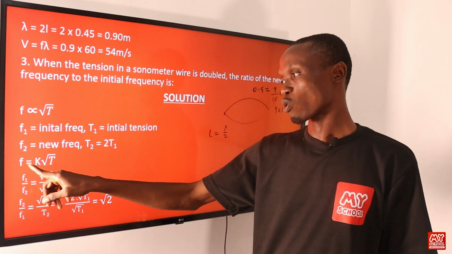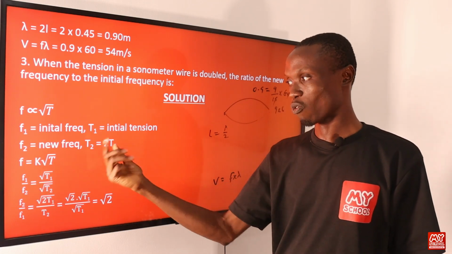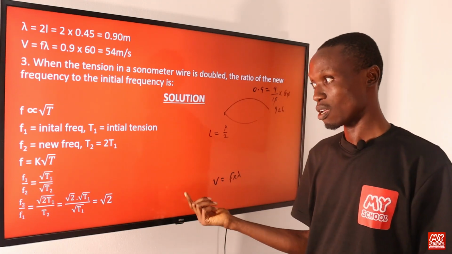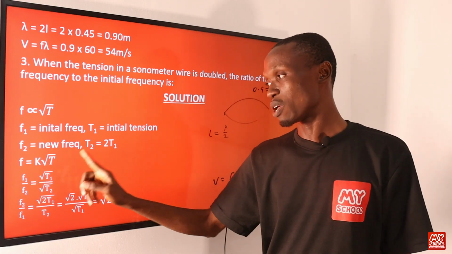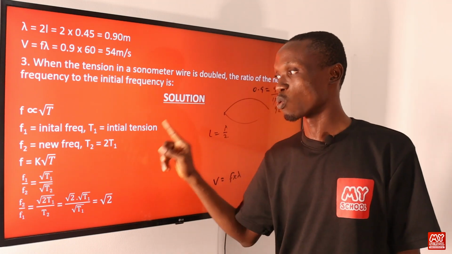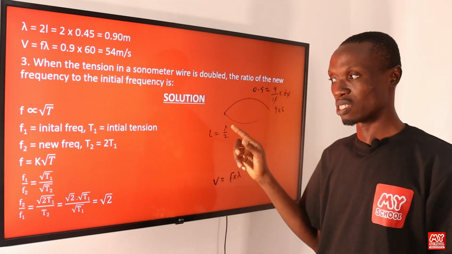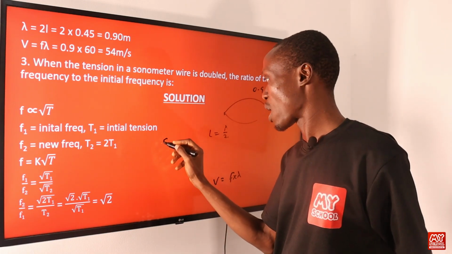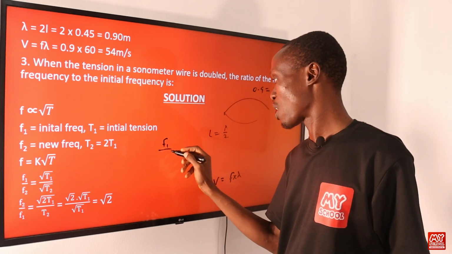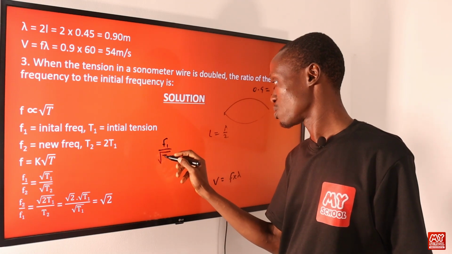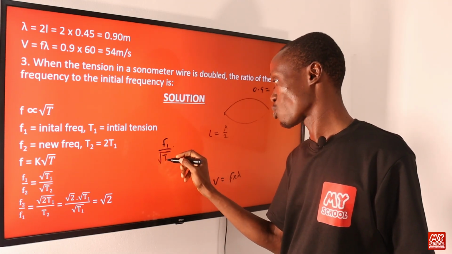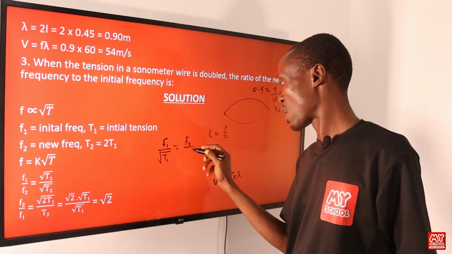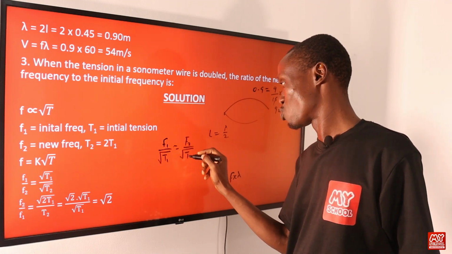So since F is equal to K root T, of course we make K the subject of the formula by dividing both sides by root T. So if we divide both sides by root T, we'll be having K equal to F over root T. Of course, it's a constant, meaning that we can have F1 over root T1 equal to F2 over root T2.